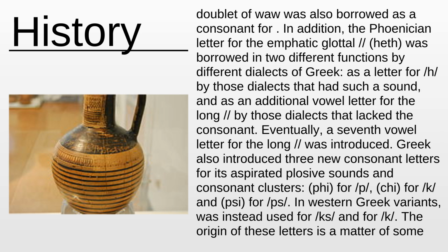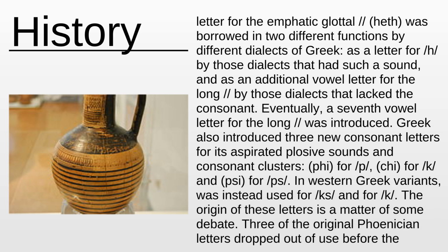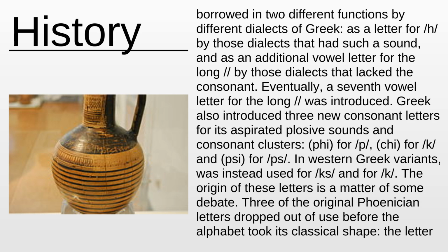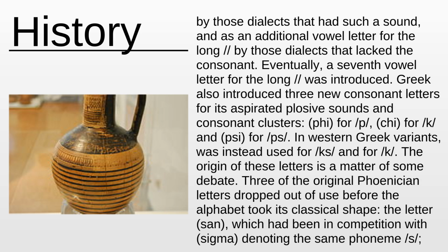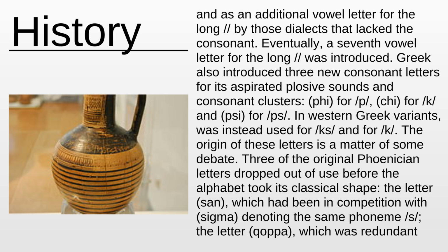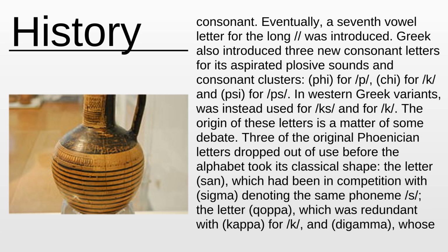In addition, the Phoenician letter for the emphatic glottal heth was borrowed in 2 different functions by different dialects of Greek, as a letter for h by those dialects that had such a sound, and as an additional vowel letter for the long e by those dialects that lacked the consonant. Eventually, a 7th vowel letter for the long o was introduced.